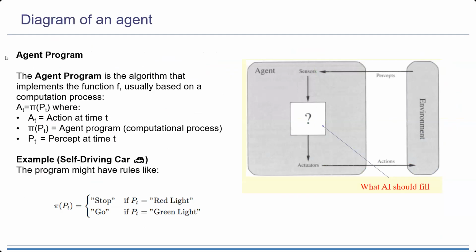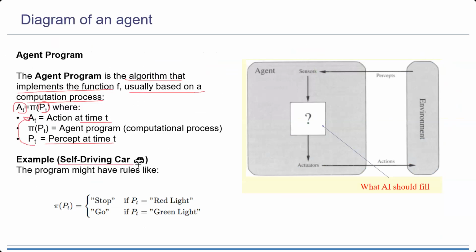The agent program is the algorithm that implements the function F, usually based on a computational process. The action at time t depends on the percept, or on the computational process. The perception at time t will affect the action at time t.